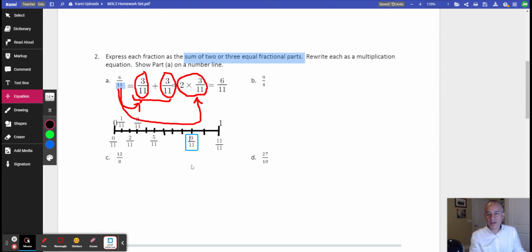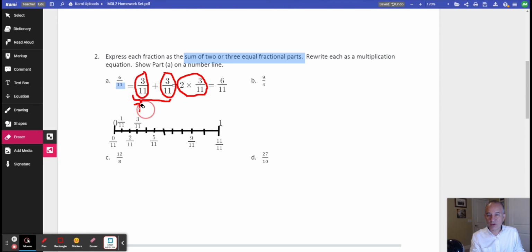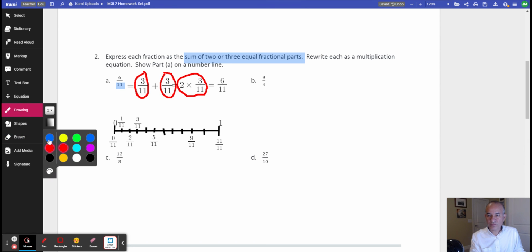Okay, so now here's what they want us to do. They want us to show that information up here on the number line. How do you use the number line to add those fractions? Let me do that right now. The first number is 3/11, so you go 1, 2, 3. That will be 3/11 plus 3/11.